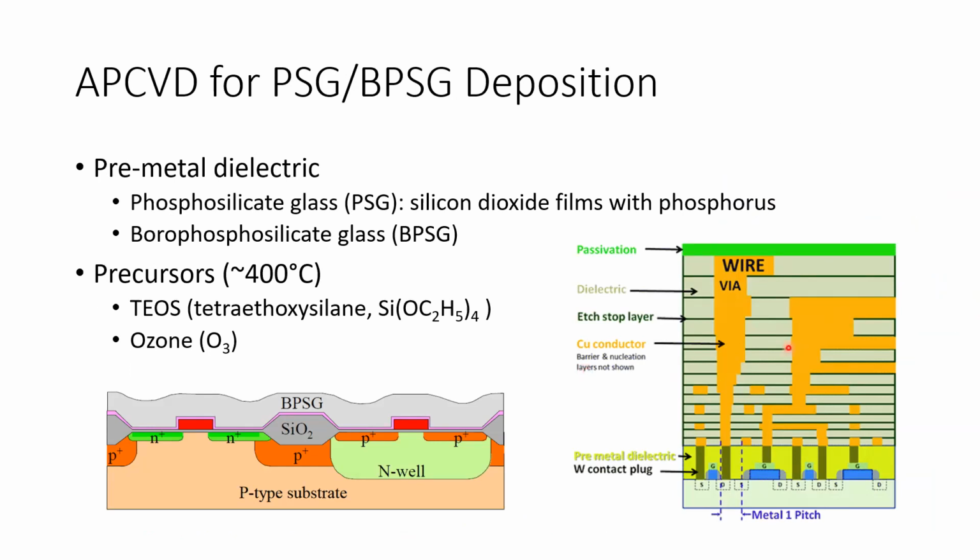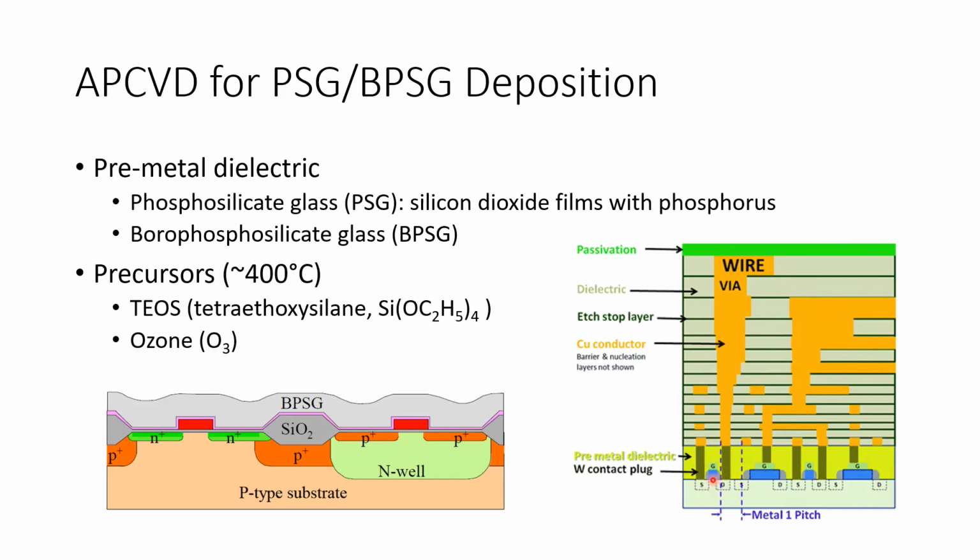So look at this figure. This is a cross-section of an integrated circuit. So we have transistors at the bottom, very small compared to the metal here. And here we have a transistor.